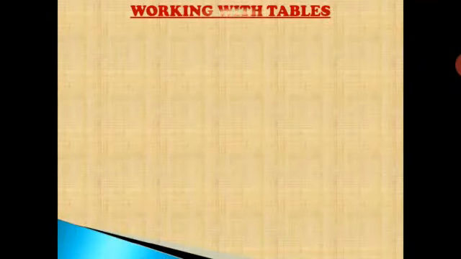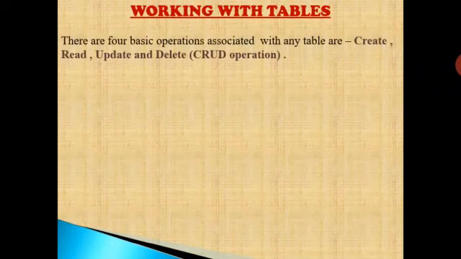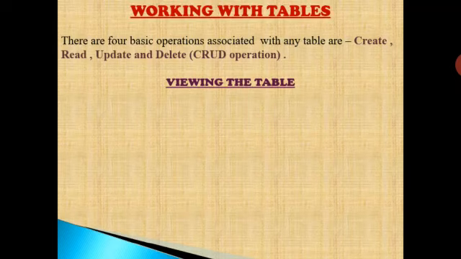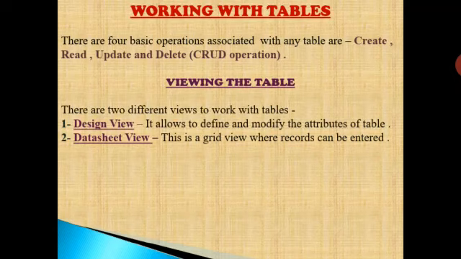Now the next is working with tables. There are 4 basic operations associated with any table: create, read, update and delete, that is CRUD operations. Now how can we view the tables? There are 2 different views, design view and datasheet view.